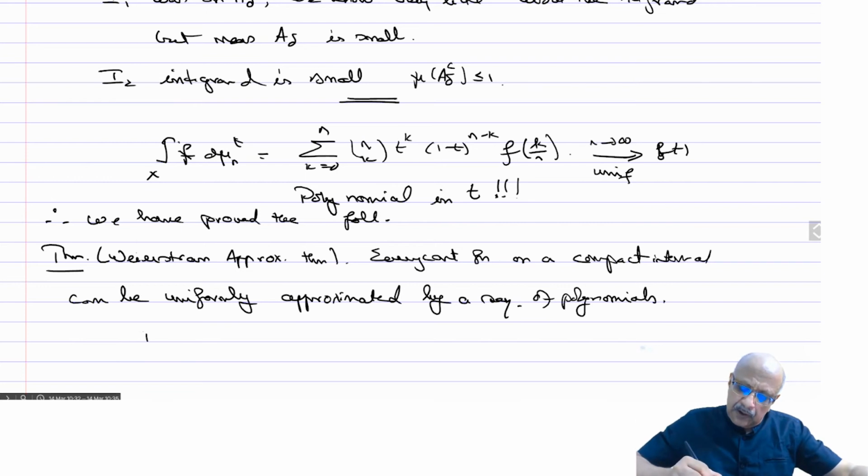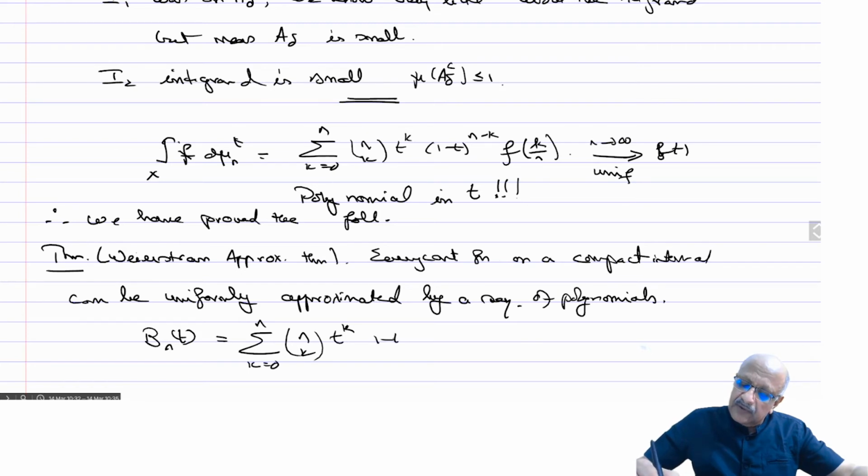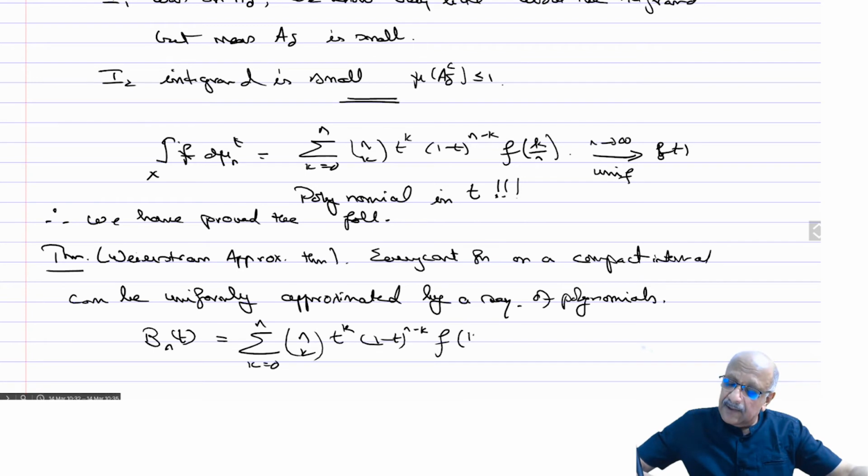Now this polynomial Bn of t, which is the sum from k equals 0 to n of n choose k, t to the power k, 1 minus t to the power n minus k, f of k by n, these are called the Bernstein polynomials.